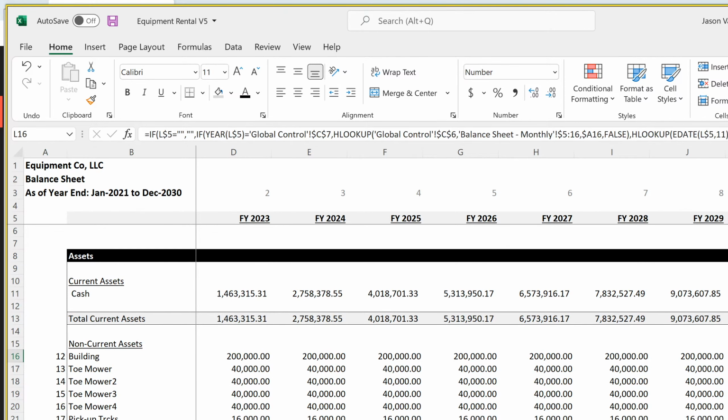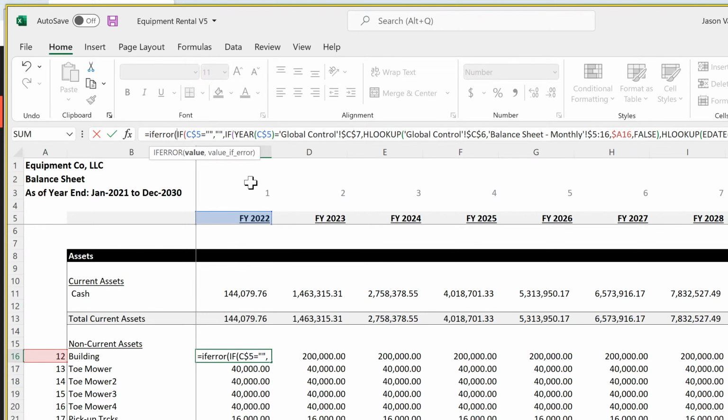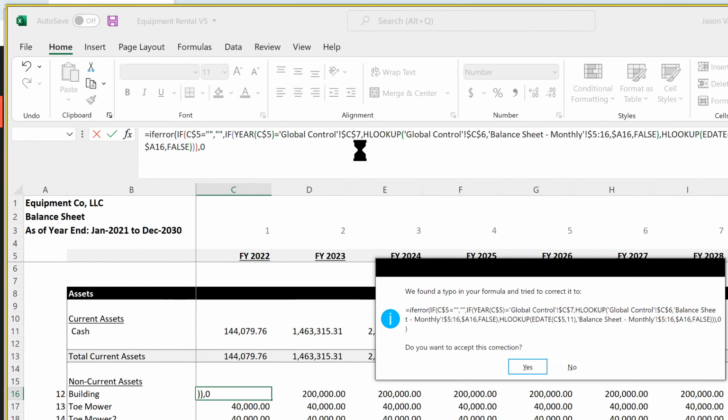All right, so we can just wrap this whole thing with an IFERROR. Make sure the formula's the same. Yeah. Whoop. Comma 0.